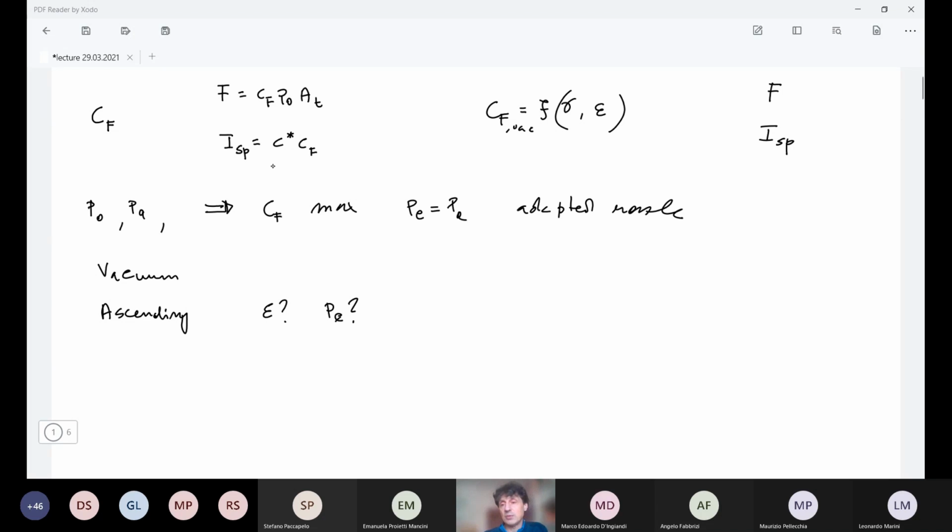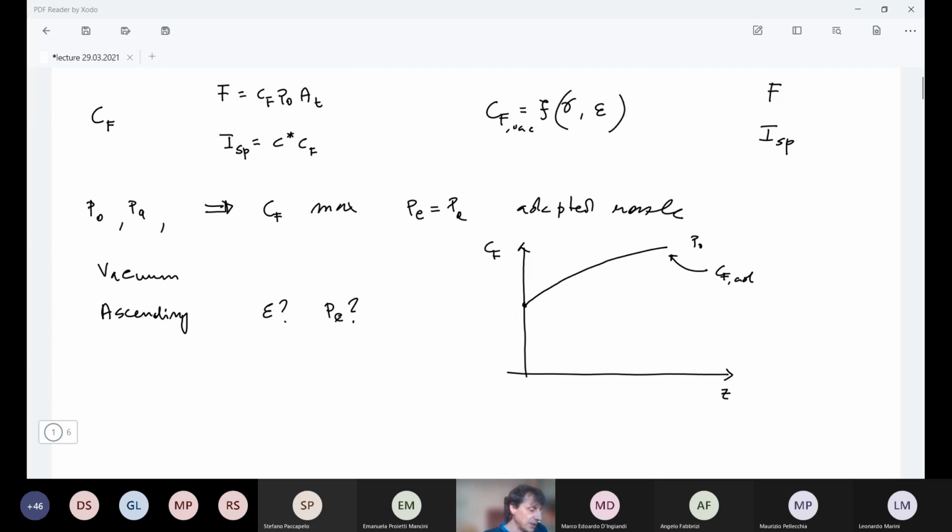And here what we have seen is the behavior of thrust coefficient as a function of the altitude, and we have designed here for a given pitch zero a line showing the adapted value of thrust coefficient, which is the maximum at each altitude.